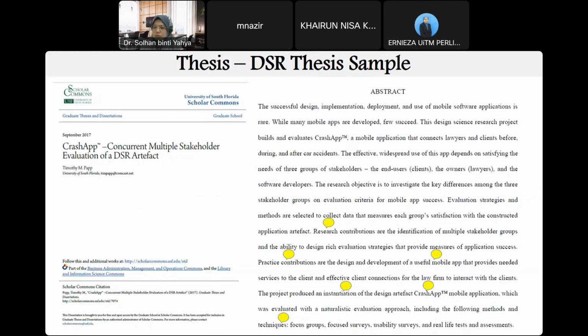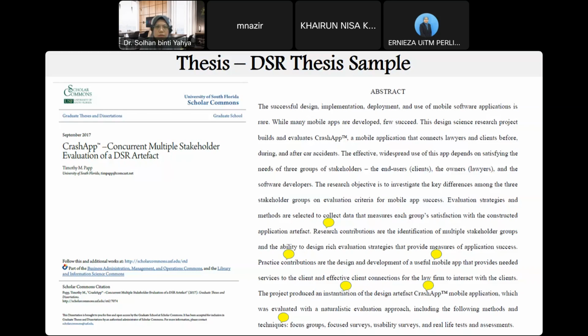Hevner's students. Hevner is the founder of design science research in the information systems field, and his student came up with the CRASH app, concurrent multiple stakeholder evaluation of a DSR artifact. When you read the thesis, you feel it.